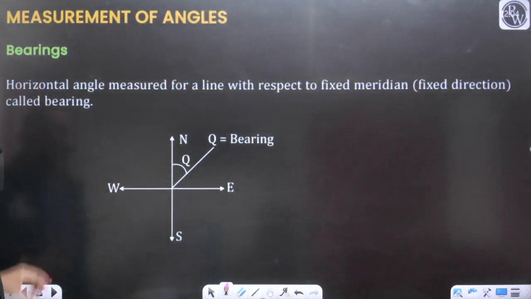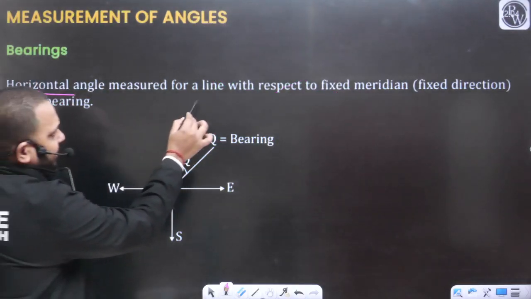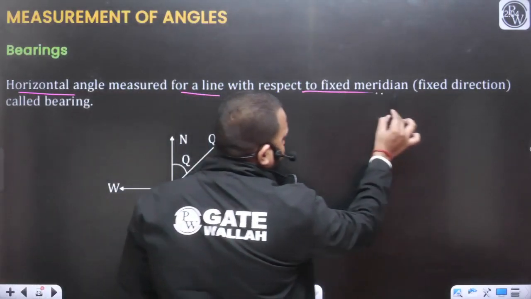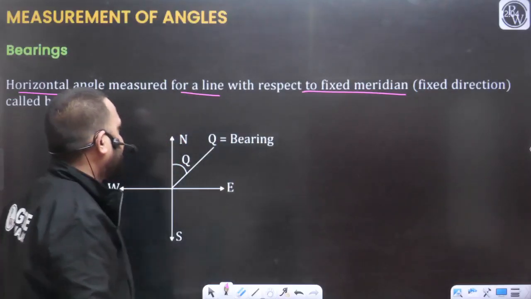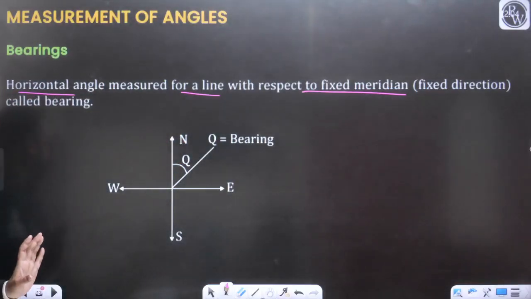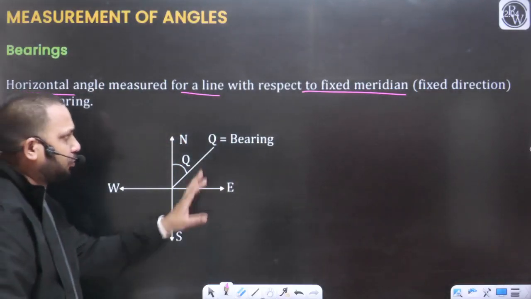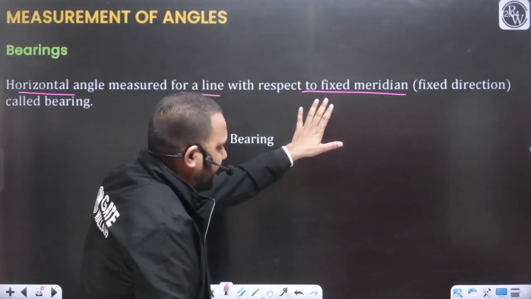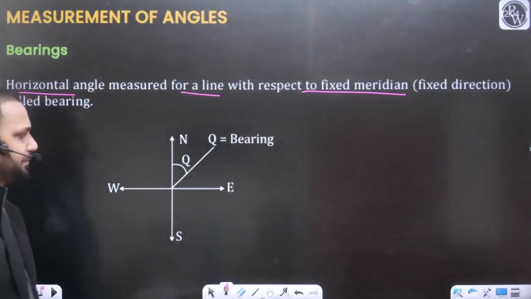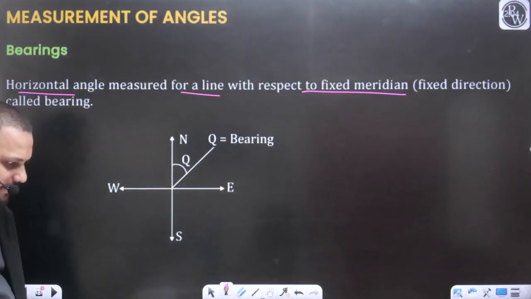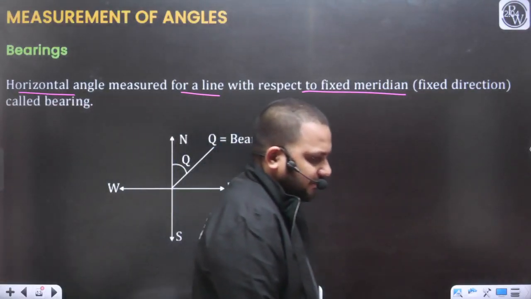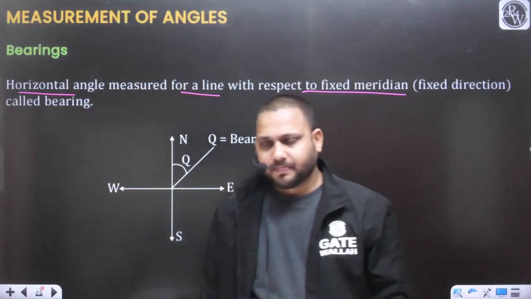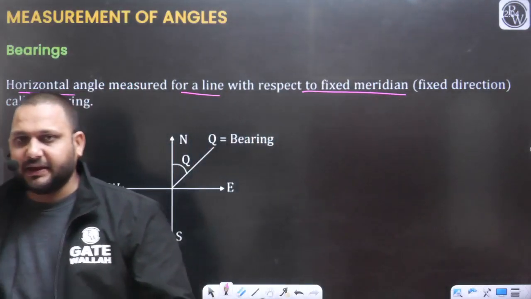So, bearing is the horizontal angle measured for a line with reference to a fixed meridian. If this reference is the true meridian, we get the true bearing. If the reference is the magnetic meridian, we get the magnetic bearing. Can you please tell me, with the help of the compass, which bearing we can measure for any line?